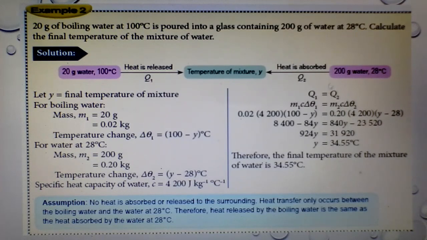The c is the same because we are using the same material, water, so the c can be cancelled on both sides. Substitute all the values and solve mathematically, you get y equals 34.55 degrees Celsius. Therefore, the final temperature of the mixture is 34.55 degrees Celsius. For all calculation problems, one assumption that we made is no heat is lost to the surrounding.